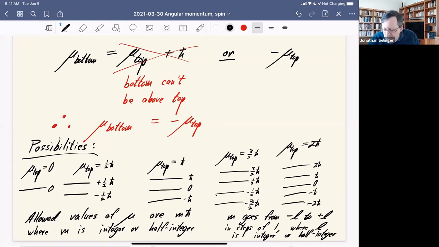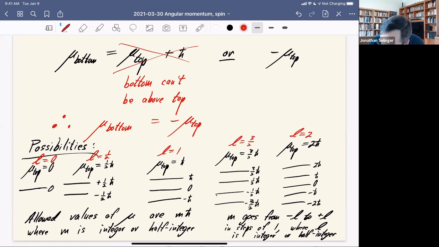So instead of characterizing each of these ladders by what's mu top, people normally would characterize them by what's the number L. Right? So this is L equals 0. Here's L equals a half. L equals 1. L equals 3 halves.